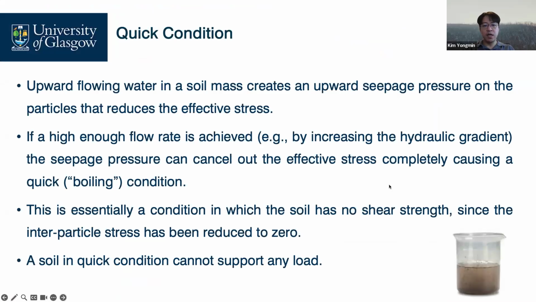So simply say that upward water flow creates upward seepage pressure on the soil particles and may reduce the effective stress. If a high inflow rate is achieved by increasing the hydraulic gradients, the water level differences, the seepage pressure should cancel out effective stress completely, resulting in the quick conditions, which is the boiling.